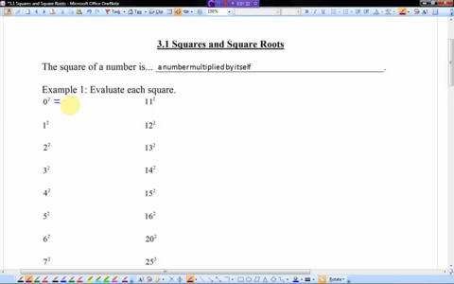So 0 squared means 0 times 0, and that's equal to 0. 1 times 1 is equal to 1, and so on.